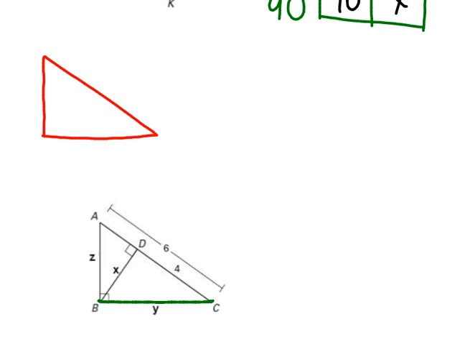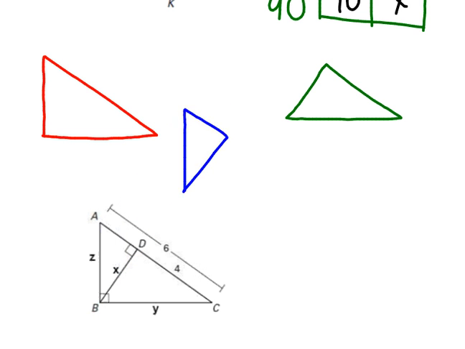We'll have a middle-sized triangle. I'll put it over here. And then we'll have our small triangle. I like to draw it so that it comes in the order when I take it apart.